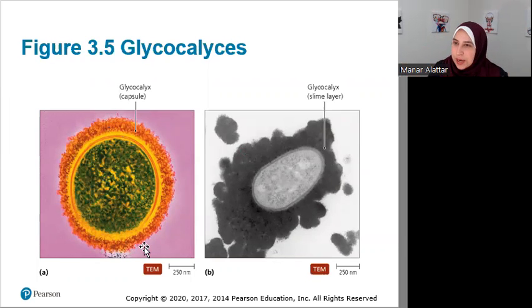You have two types of these. You have either a very structured, organized, what we call a capsule, or you have what just looks like a snot mess, which is called a slime layer. So this is a sticky jumble of sugars around the cell. Both of them do the same function, which is to protect the cell from the environment, specifically from desiccation.